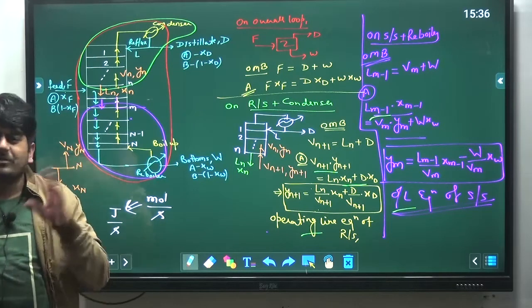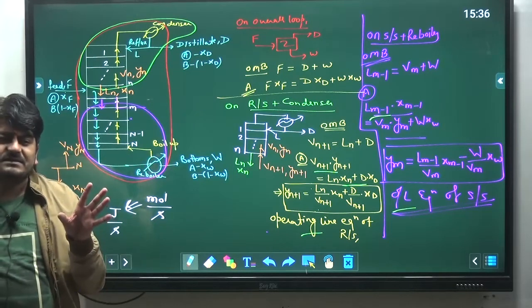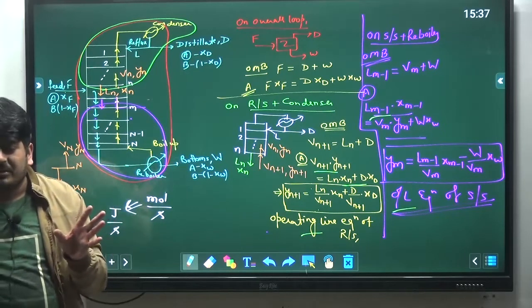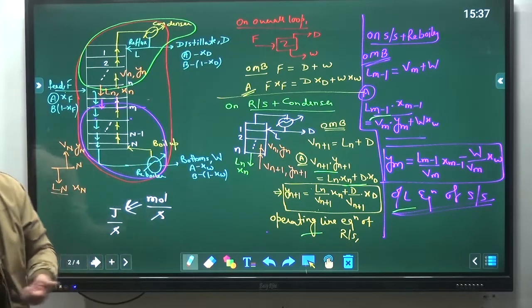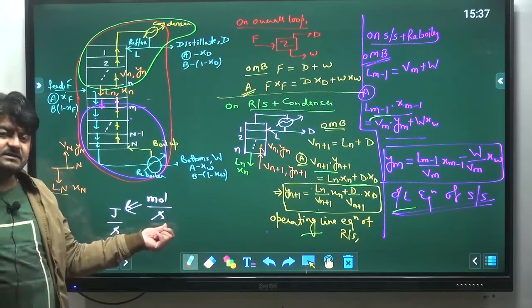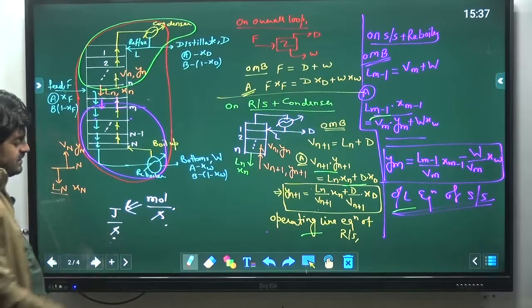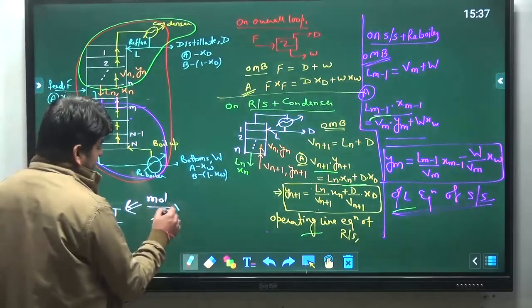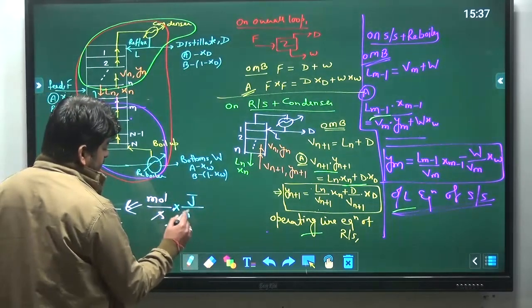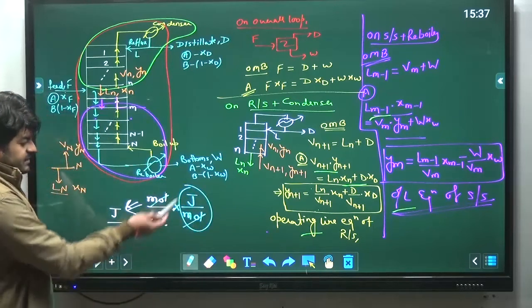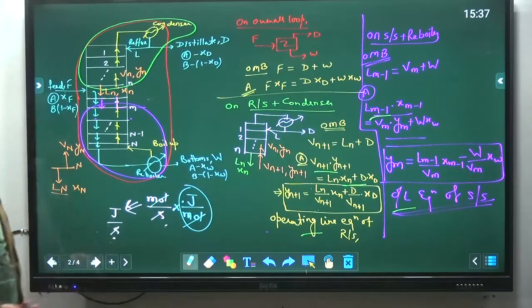See, energy balance is always easy. If you can do material balance, you can easily do energy balance, because the only thing you have to do is convert the material balance into energy balance. Now, how can I do this? If I multiply by joule per mole, then you can understand it will be converted into energy.